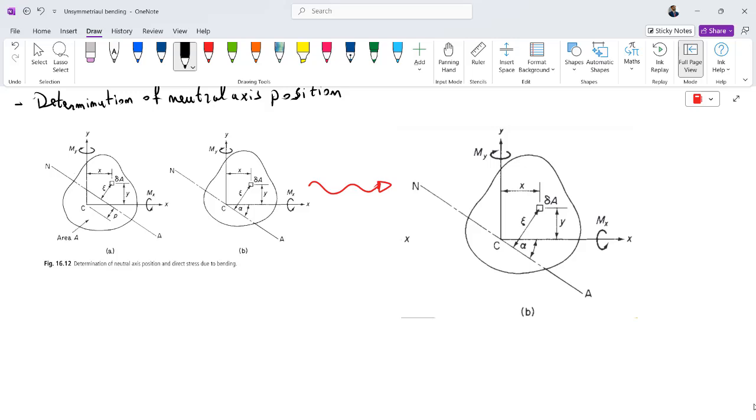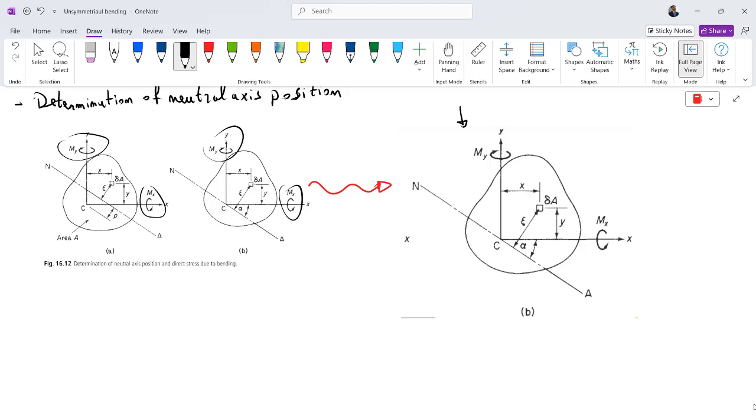In these two pictures, a and b, we have a zoom of this picture. We can say that we have an unsymmetrical bending moment. So clearly, as said a few seconds ago, we have My and Mx moments that we can see here.